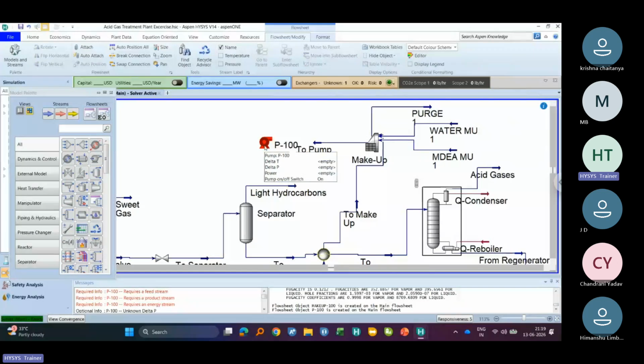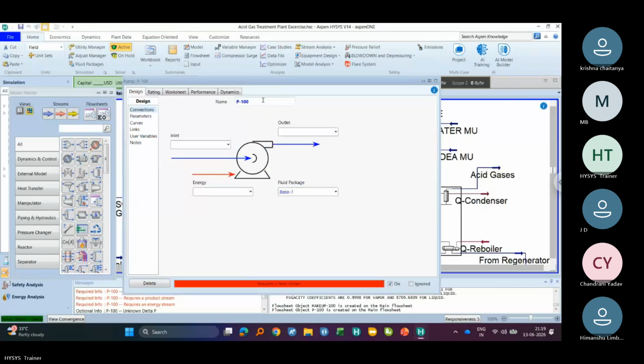I will change the rotation of this as well because we are simulating a recycle loop. That's why we need to change the rotation or the orientation of each and every equipment. I will rename it as pump. The inlet will be to pump and outlet will be to cooler because after that I am adding a cooler.